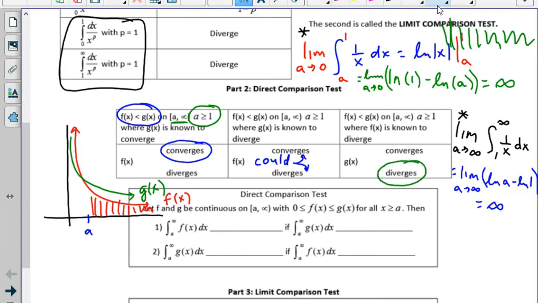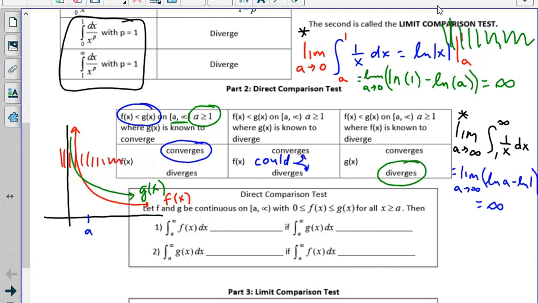So that must also diverge. And the reason for that is if f is too big, essentially, and keeps increasing in value as we go off to infinity, and g is bigger than that, it can't possibly go to a specific number. And that's the direct comparison test.